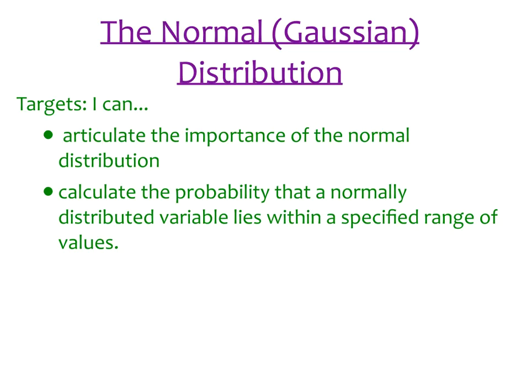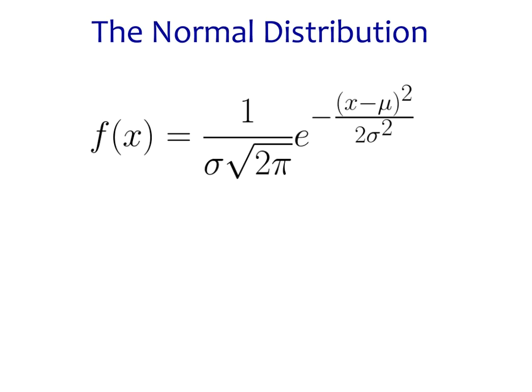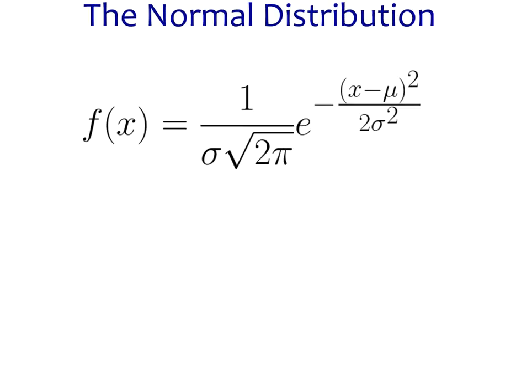So let's talk about the normal distribution. Here's the equation that represents the probability density function for the normal distribution. Again, as I said, this is a probability density function. You aren't going to have to know this function in great detail, but it's important that we're familiar with it. You can see that this function is dependent upon sigma, which is the standard deviation, both here and here, and mu as well, which is the mean.